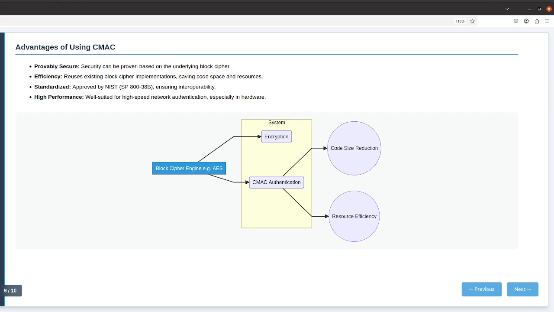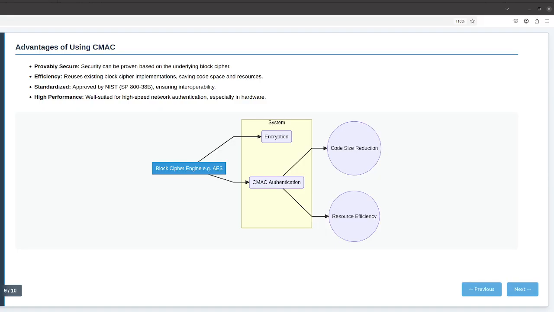Another major advantage is efficiency, especially in systems that are already using a block cipher for encryption. Since CMAC can reuse the same cryptographic engine, it saves code size and memory, which is a significant benefit for embedded systems, IoT devices, and smart cards.